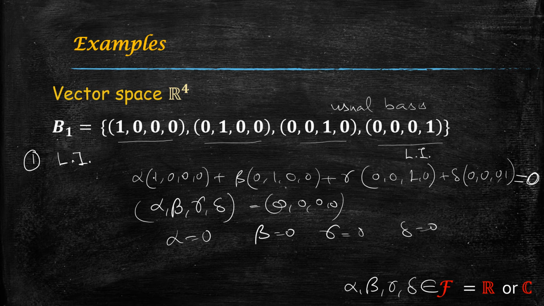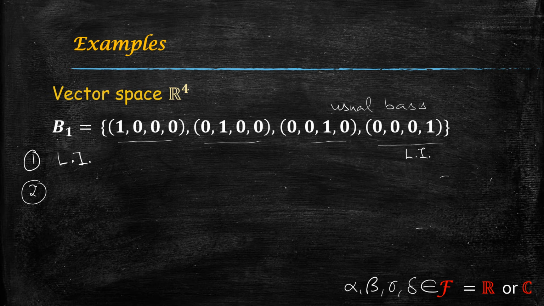Condition number 2: this set should span vector space R4. In that case, any vector x, y, z, t in R4 can be written as a linear combination of these vectors.